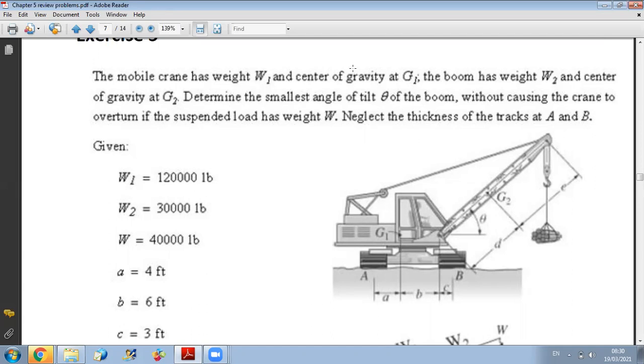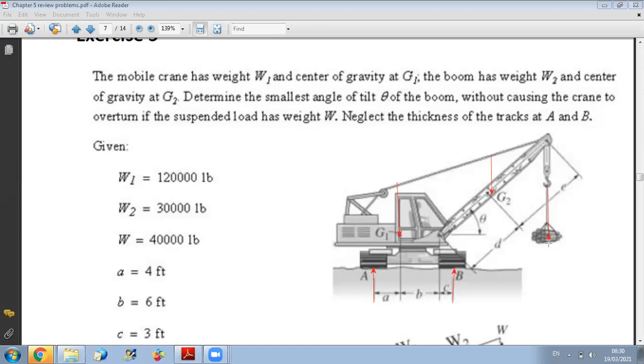So here, this idea is repeating, turning over. So always you put your forces. You have the reaction at A, you have the reaction at B, you have the weight of your structure here, the weight of the boom, and you have the weight of your load.